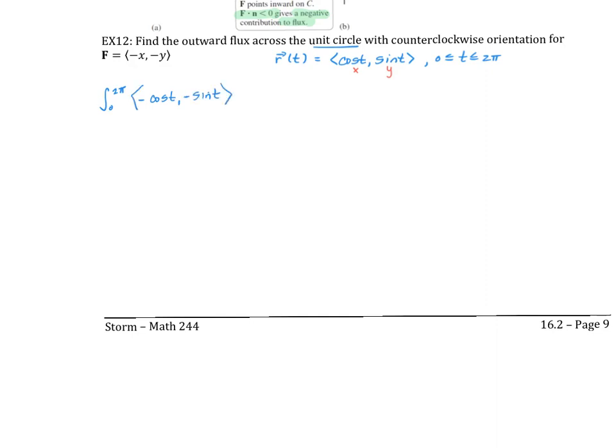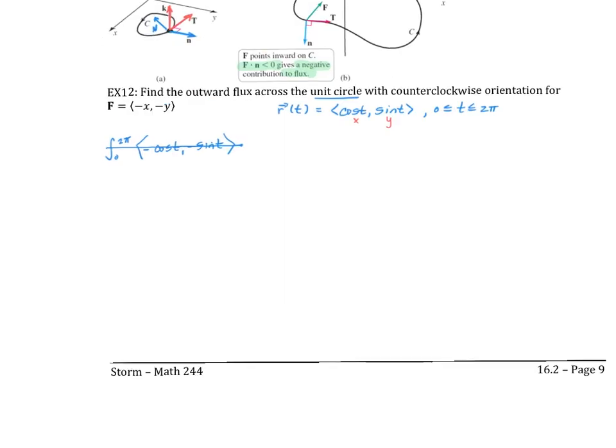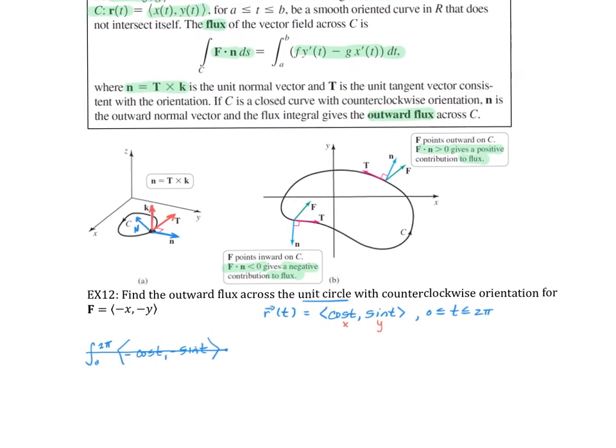And I'm going to take that vector and dot it with the normal vector. But then I have a problem. I don't want to compute the normal vector, so I'm not going to use this form. Go back to the box and look at that other form: f y prime minus g x prime.